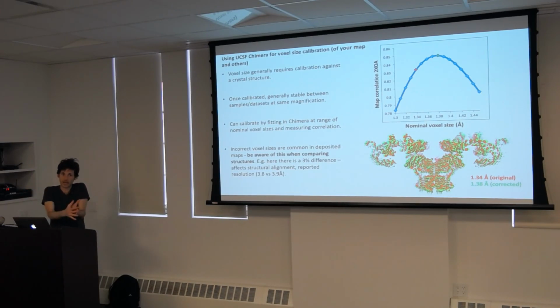It's usually fine when you're looking at the same structure, because these differences are like 1%, and in terms of geometry that's not going to make a huge difference. But if you've got 1% of a 400 angstrom structure, that's 4 angstroms, and when you're aligning two structures that haven't been properly calibrated, it's really difficult to draw solid conclusions from that comparison. So it makes life difficult. Anyway.